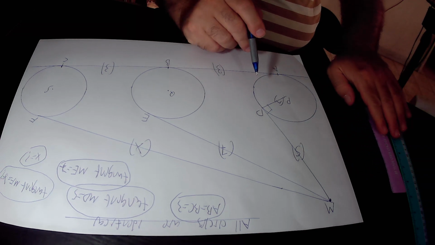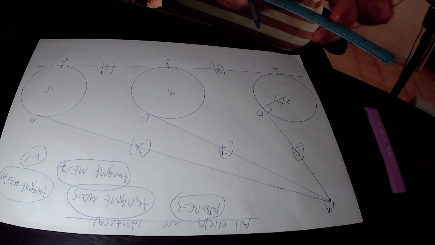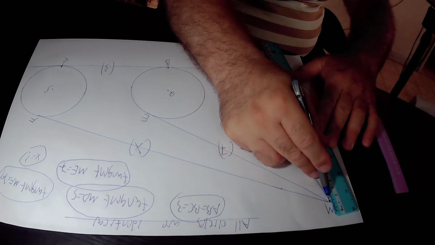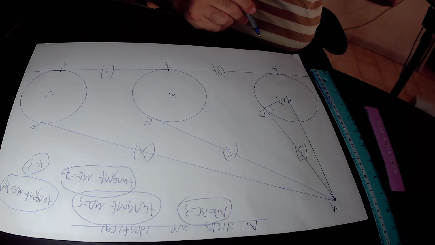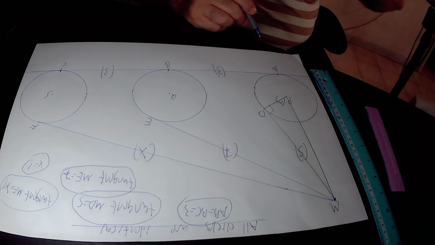In the next step, we join points M and P together by a straight line. By joining points M and P, we create the right triangle MPD. In the next step, we will implement the Pythagoras theorem on this right triangle MPD.